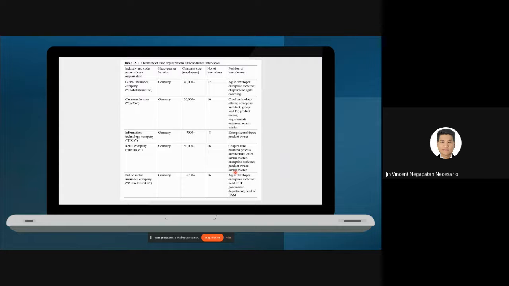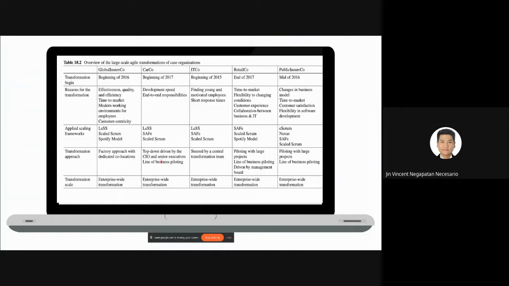In almost all companies, they have at least one senior executive enterprise architect and one agile team member to gain diverse perspectives in this field of tension. It's also mentioned that the interviews were face-to-face meetings with at least two researchers present. So let's move forward.